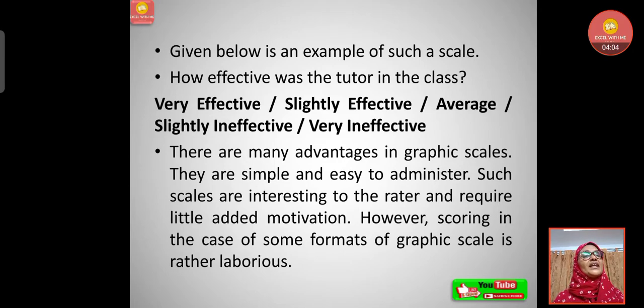Now given below is an example of such a scale. How effective was the tutor in the class? The subject can select very effective, or slightly effective, or average, or slightly ineffective, or very ineffective. These are the options that the subject can select.